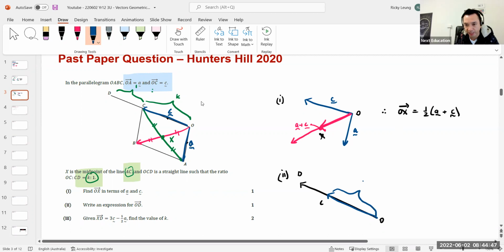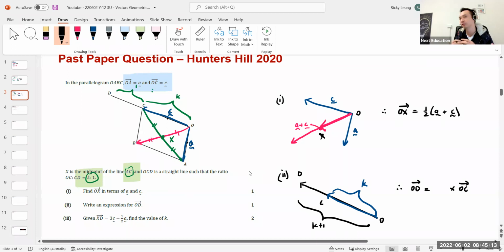The ratio here, that's K. And then the full length one is K plus 1. So the magnification factor would be K plus 1 on K. That would magnify from the blue to the black. So therefore, the vector OD equals the vector OC multiplied by a magnification scalar in the ratio of K plus 1 on K. That would make it larger.